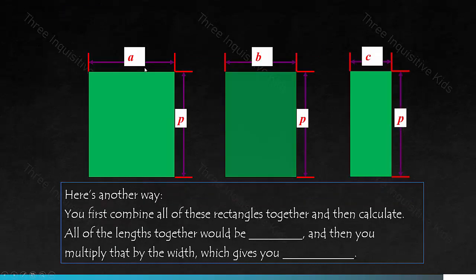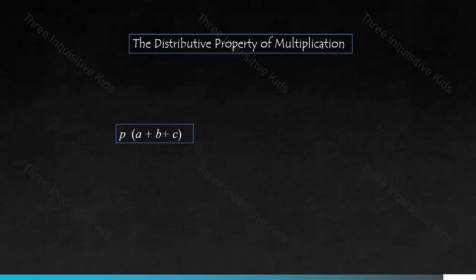Here's another way. You first combine all of the rectangles together and then calculate. All of the lengths together would be A plus B plus C, and then you multiply that by the width, which is P, and that will give you P times the sum of A plus B plus C. So this is basically the distributive property of multiplication.